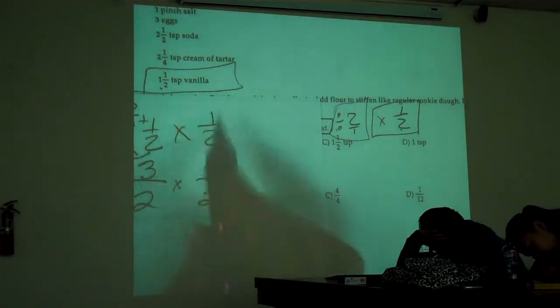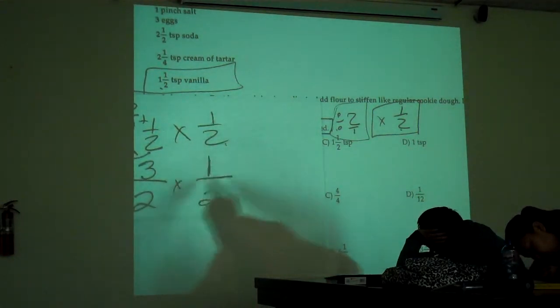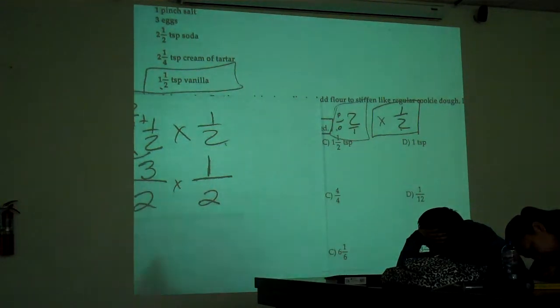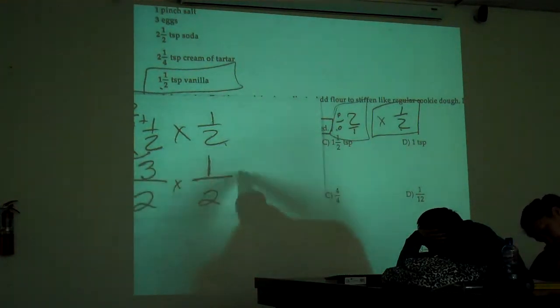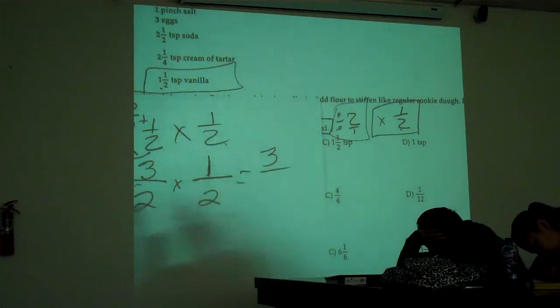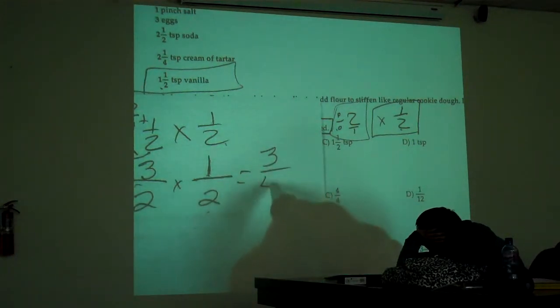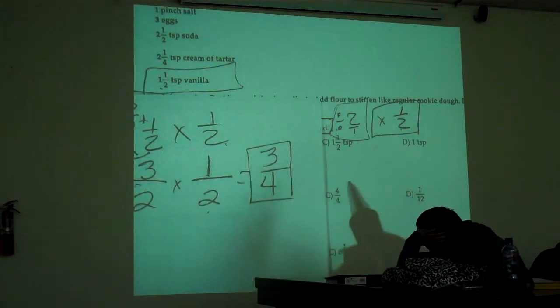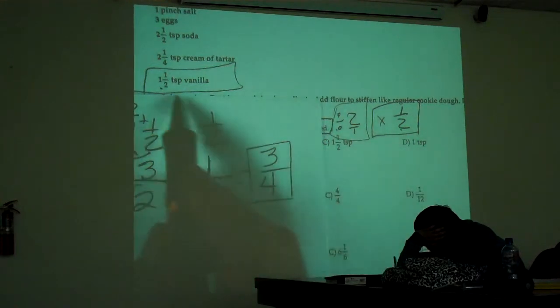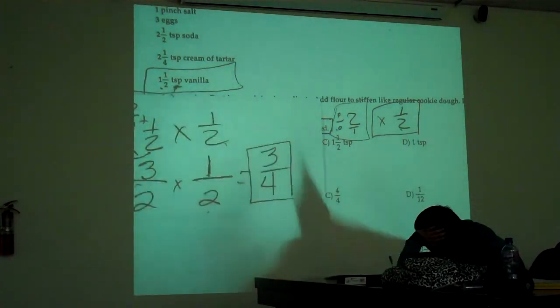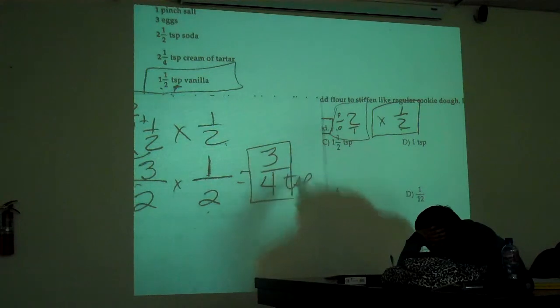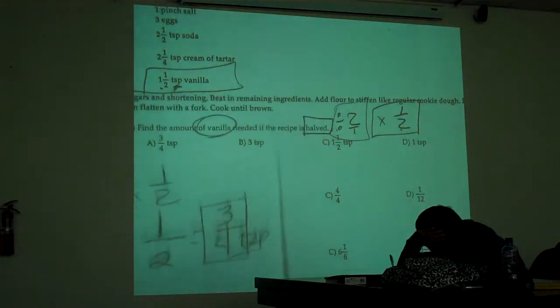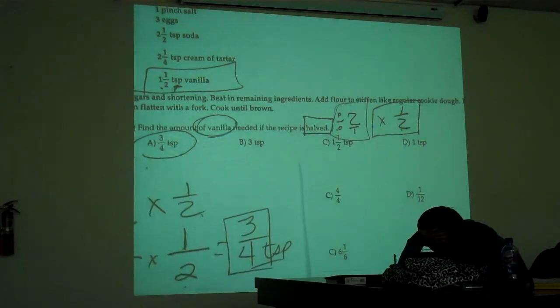And we've already changed this to multiply, so we don't have to do any dividing or anything. No division we can do. 3 times 1 is 3. 2 times 2 is 4. 3/4 what? Teaspoon. This was teaspoons of vanilla. So 3/4 of a teaspoon of vanilla.